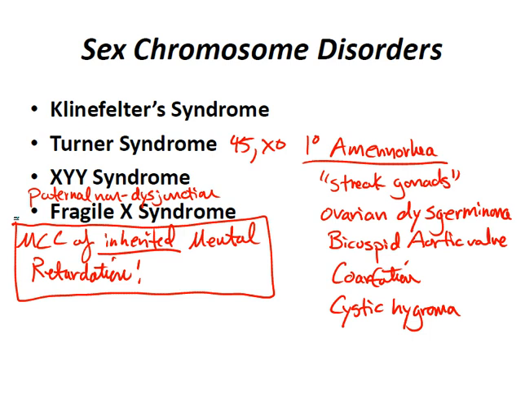It's caused by a cytogenetic defect on the long arm of chromosome X. The expanded trinucleotide CGG repeat segment in the promoter region of the FMR1 gene, that's not high yield, but write it in there, enhances methylation. And when you enhance methylation, what do you do? You silence the gene.